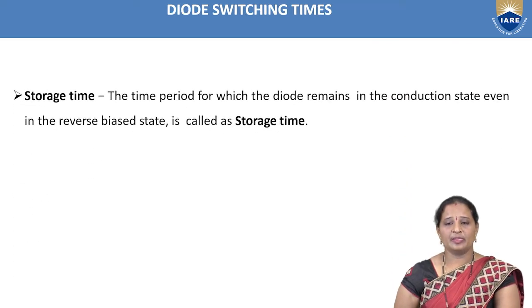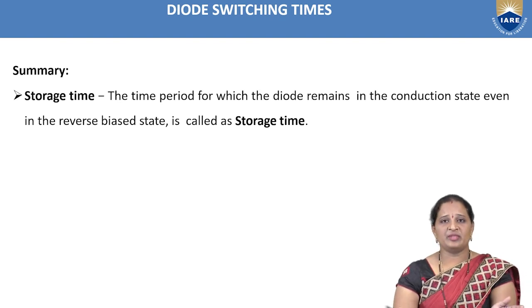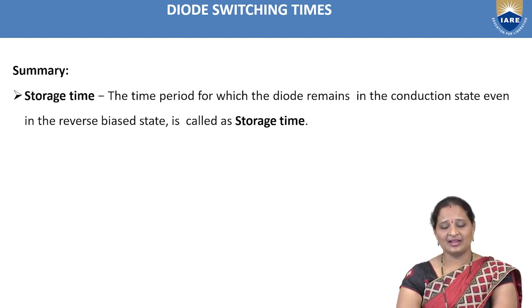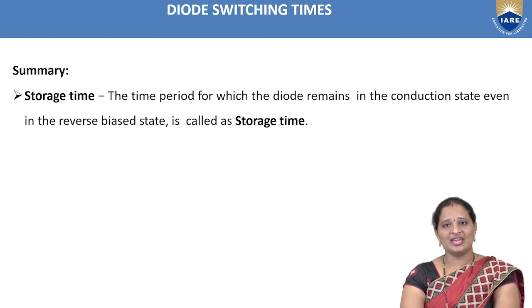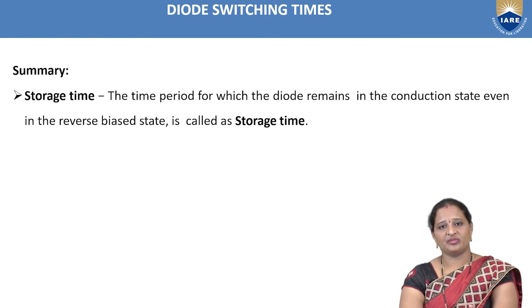So now coming to the summary. From the discussion, we have seen that the storage time is the time required for the diode to remain in the conduction state even in the reverse biased condition.